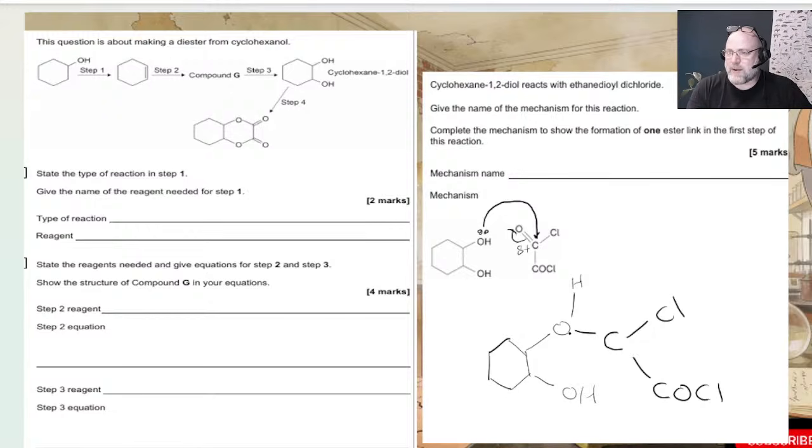Now we've got 3 there. That's going to have a plus on it because that's now an oxonium ion. Oxygen only likes 2 bonds. What's going to happen here now, folks? How are we going to get this double bond back? What's going to go on here? This is looking a bit crazy.